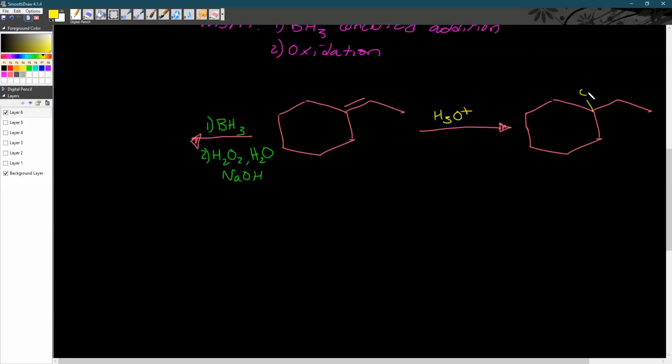And OH is going to go on the more substituted side. For this reaction over here, we know that we're going to be adding an OH and an H, but now we're going to be shifting what's going on. And so now the OH is going to end up on the less substituted side. So they're opposites of each other. Okay.